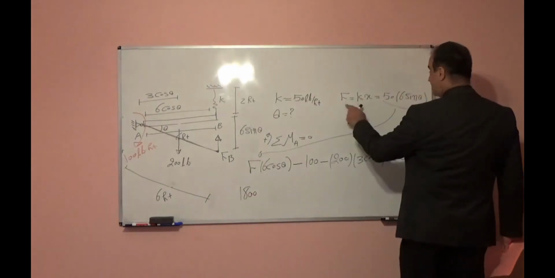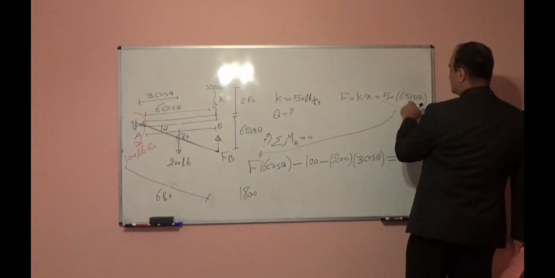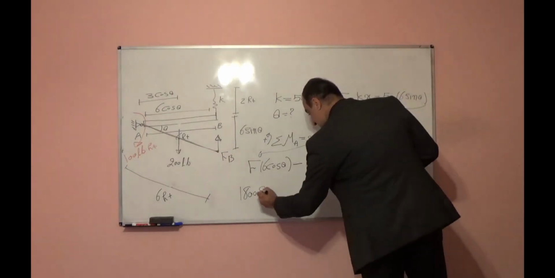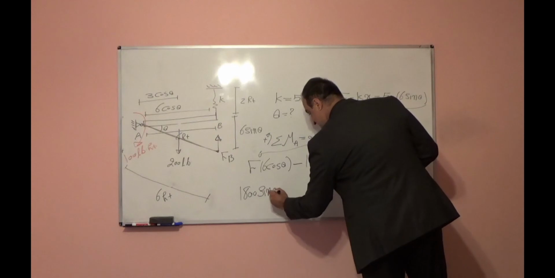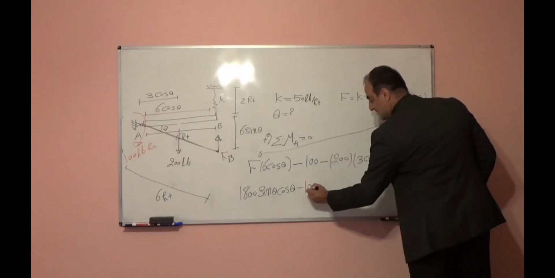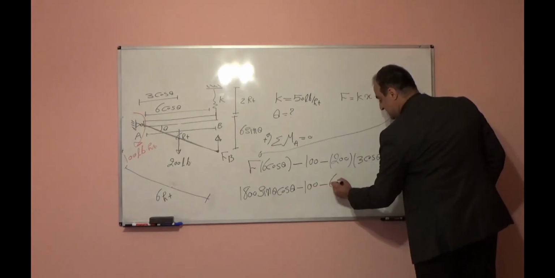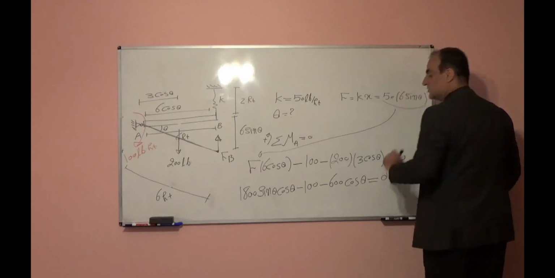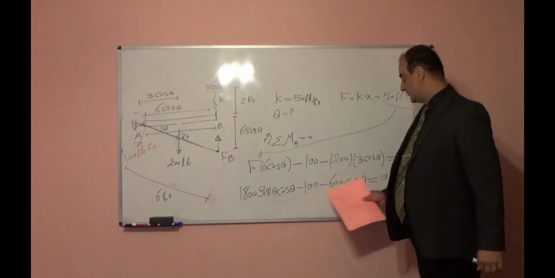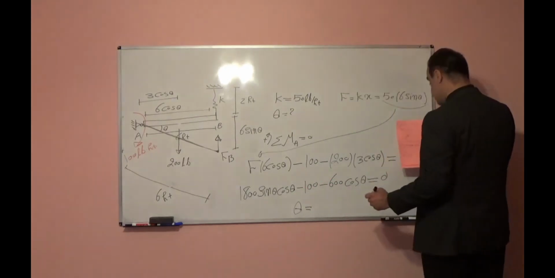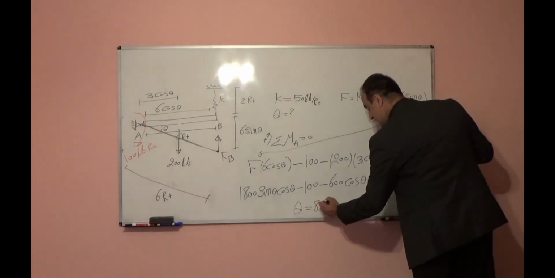Instead of F, I plug 50 times 6 sine theta, so it will be 1800 sine theta cosine theta minus 100 minus 600 cosine theta is equal to 0. If you find the theta angle from this equation, theta will be 85.2 degrees.